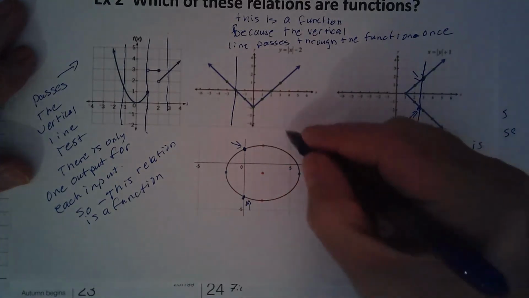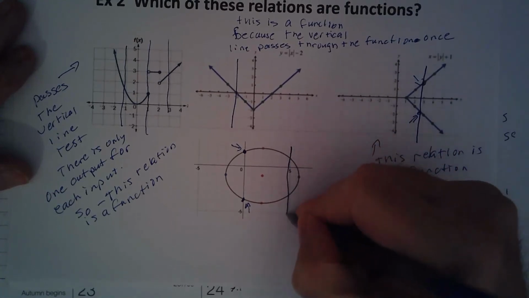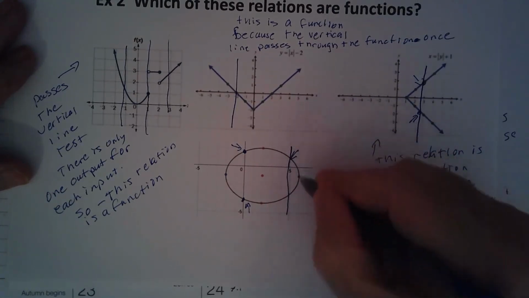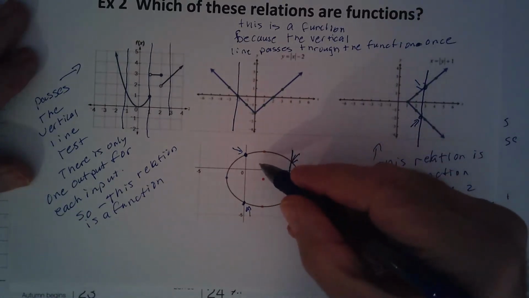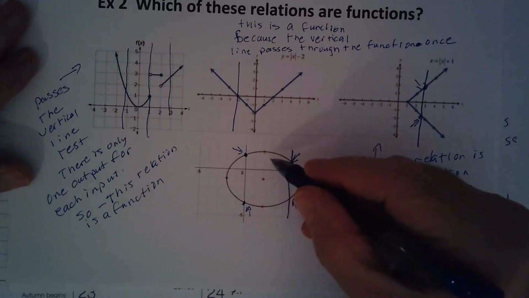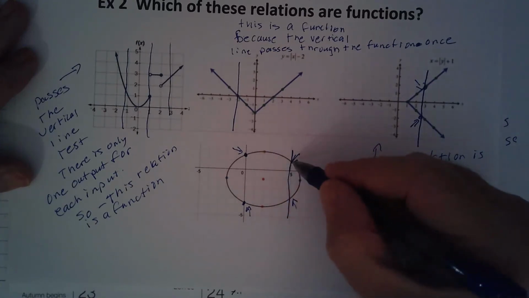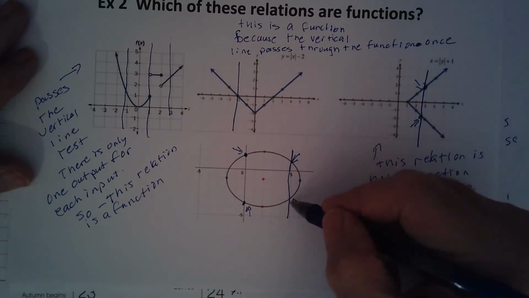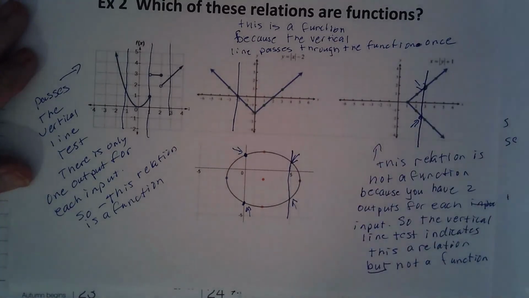So here's where x is 5. You still have two outputs. It looks like these are units of 1, so maybe x is 5, y is 1; x is 5, y is negative 3.